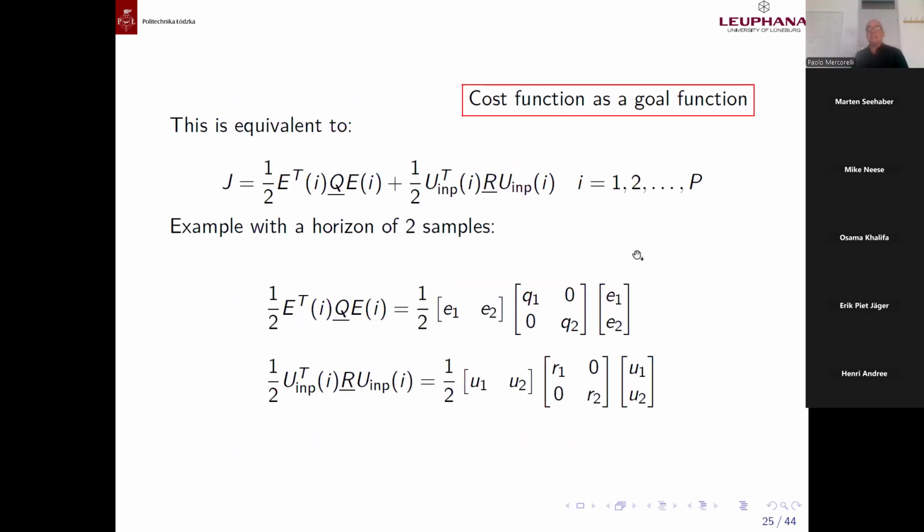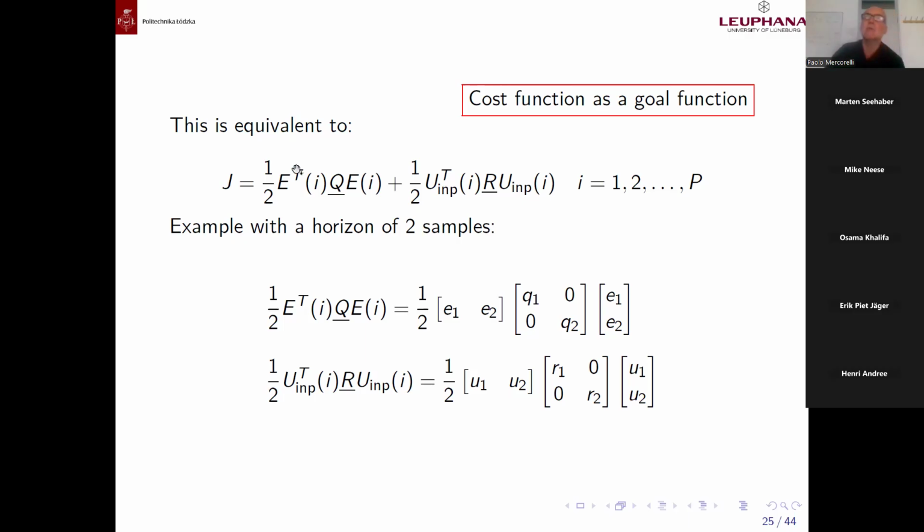Yeah, more concretely, let me explain a little bit more concretely these elements in order to understand better. The example with a horizon of two samples, the easiest example. Now I call this YR hat minus Y hat, E, the error.